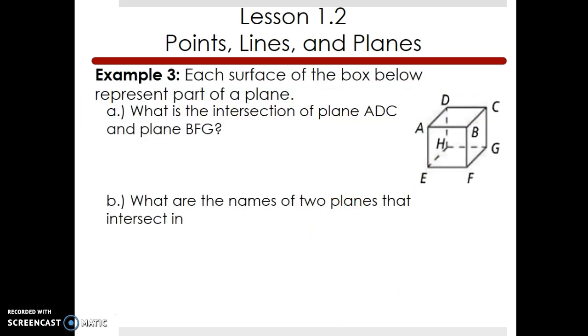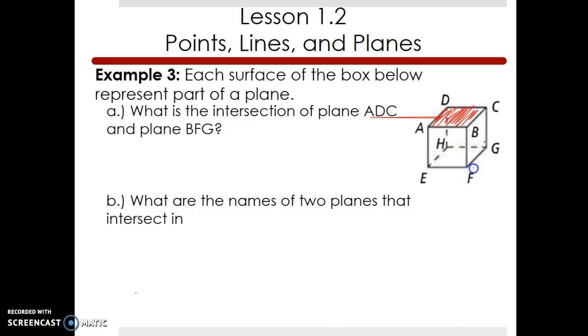So we're going to try and apply these rules to this practice problem. Each surface of a box below represents part of a plane. What is the intersection of plane ADC and plane BFG? If we see ADC, it's this shaded part, this plane. And then I'm going to change the color. Let's say BFG.